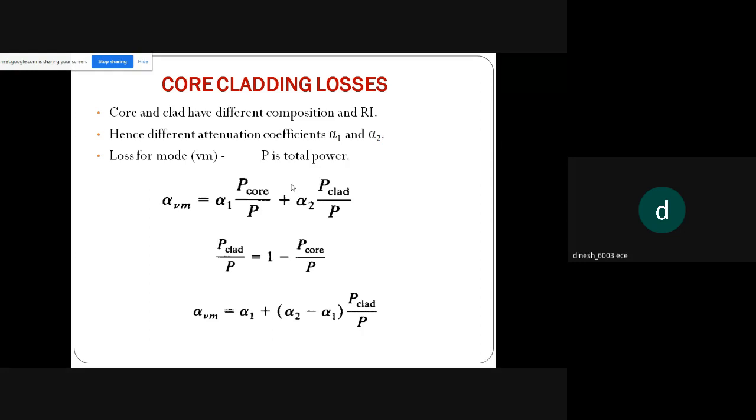Due to this, the core as well as the cladding tend to have some losses, with different attenuation coefficients.